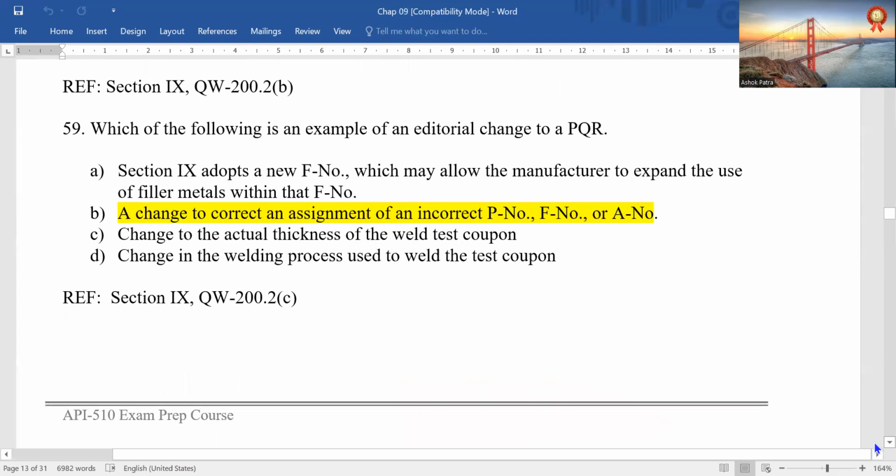Which of the following is an example of an editorial change to a PQR? Change to the correction of an assignment of incorrect P number, F number, or A number.